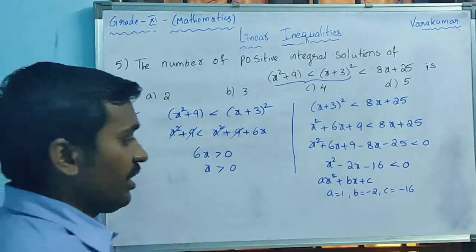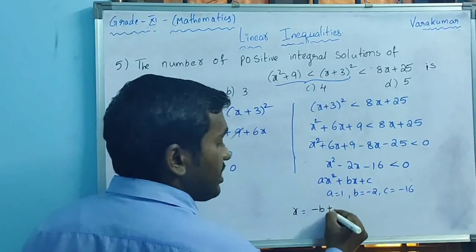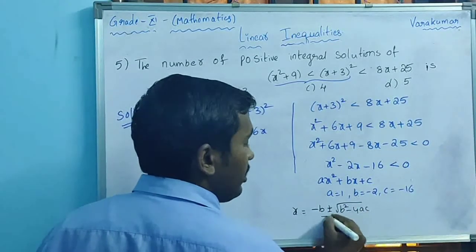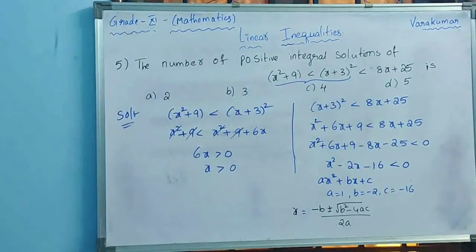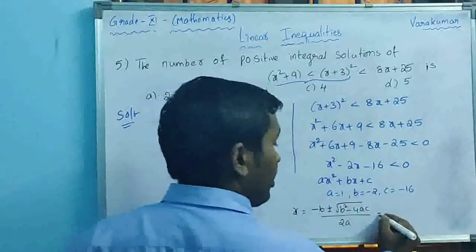What is the formula? X is equal to, which we know, minus b plus or minus root over b square minus 4ac by 2a. Right. So if we do this, what will you get?